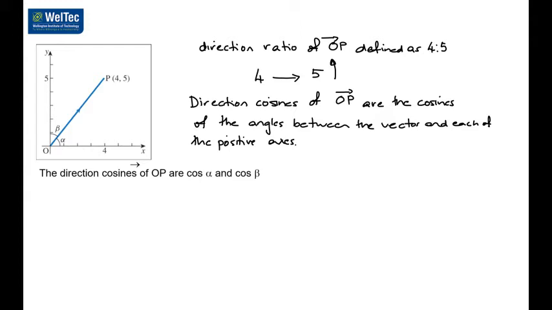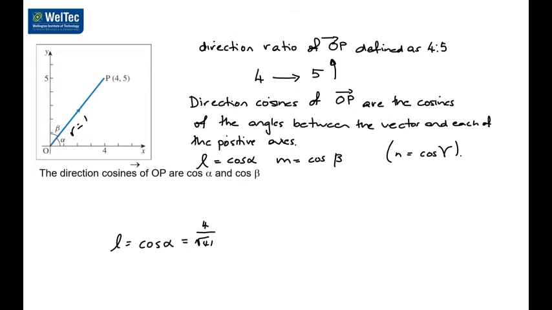So we talk about L as being cos alpha, and we talk about M as being cos beta. And if we had 3 dimensions, we'd talk about N as being cos gamma. So in this particular example, L is equal to cos alpha, which is equal to 4 over root 41, because the magnitude is root 41. M is cos beta, so that's 5 over root 41.